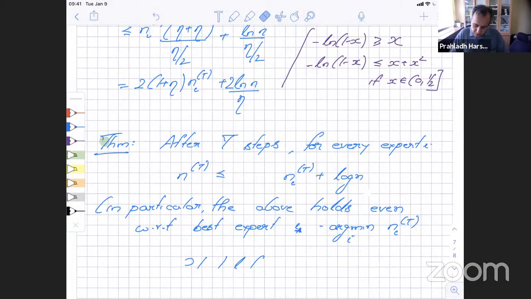What we have here is 2 into 1 plus eta plus 2 ln.